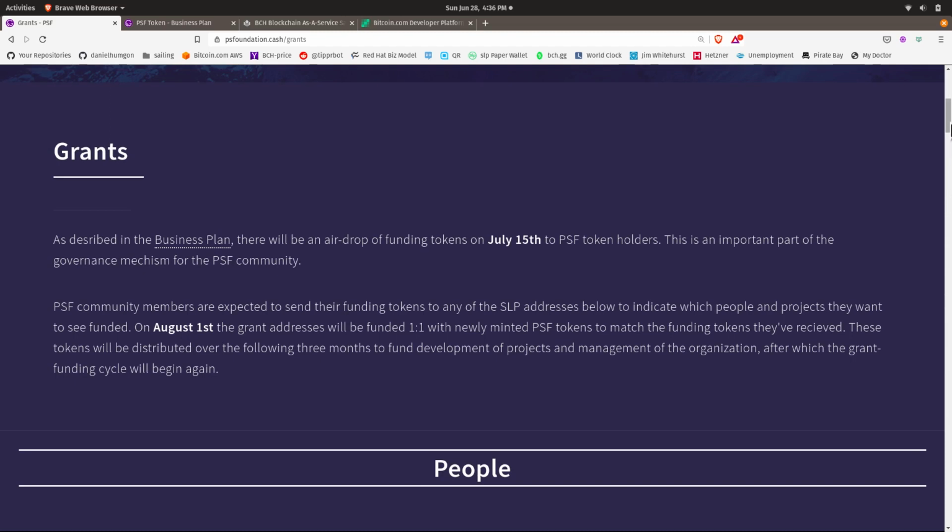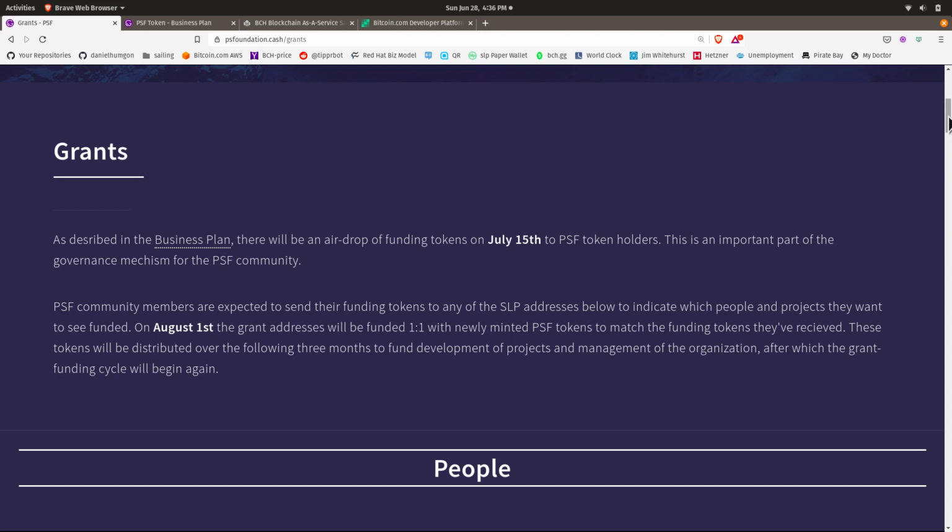We're going to do this every quarter, every 3 months. People who have held PSF tokens for 2 months, they can't have moved. They need to sit in the address and they can't have moved. That's what makes it scarce. Those tokens every 3 months will receive a new funding token that will be airdropped to them.